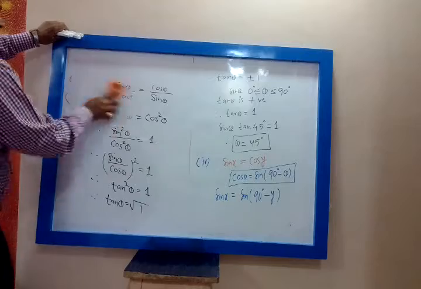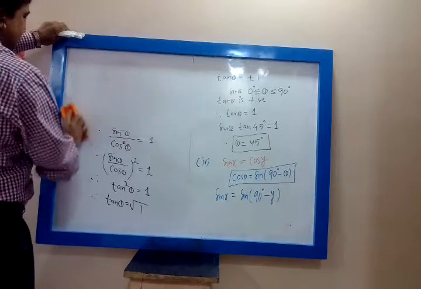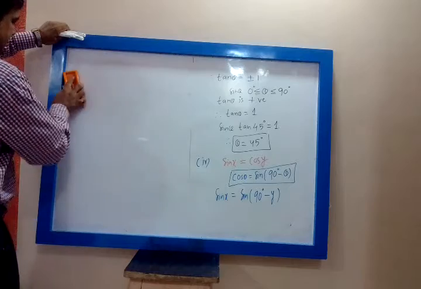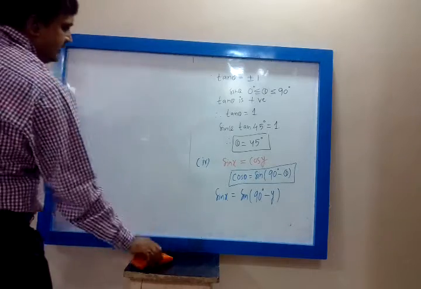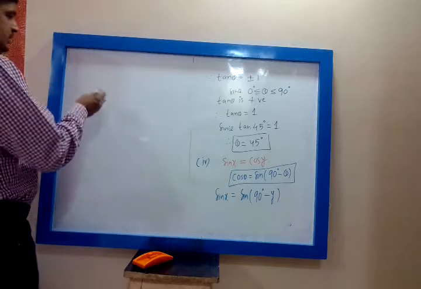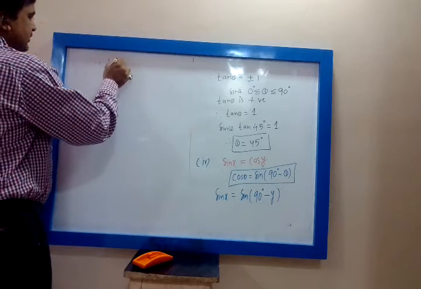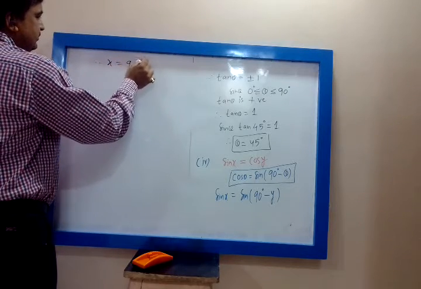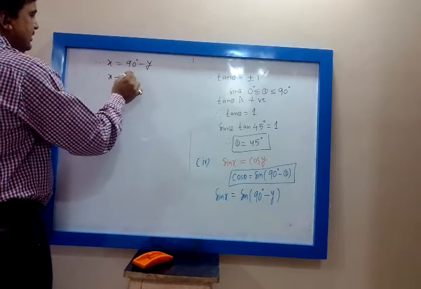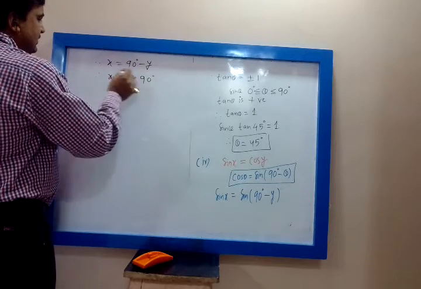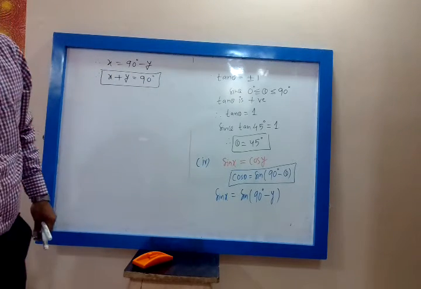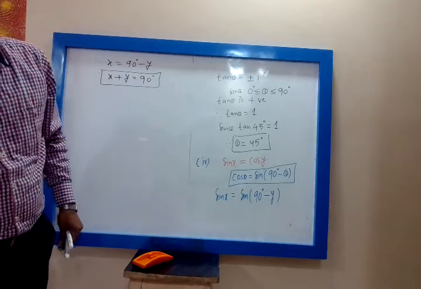So that will give you x is equal to 90 degree minus y. Take y on that side, you will get x plus y is equal to 90 degree. Okay, this is the relation between x and y.